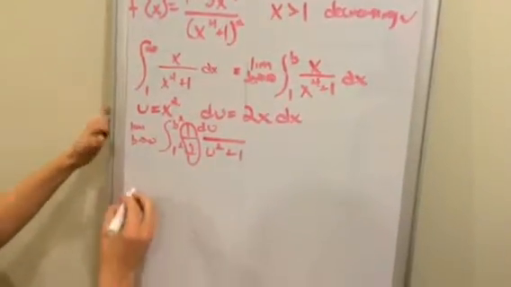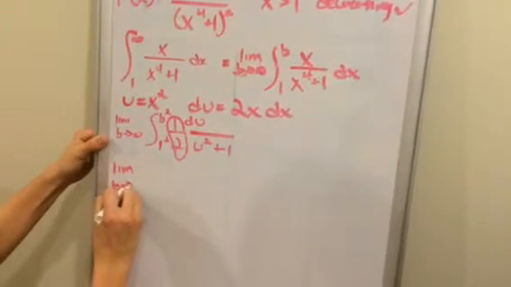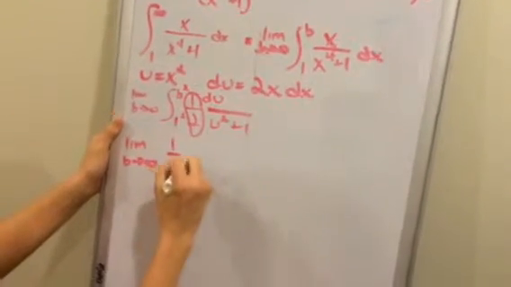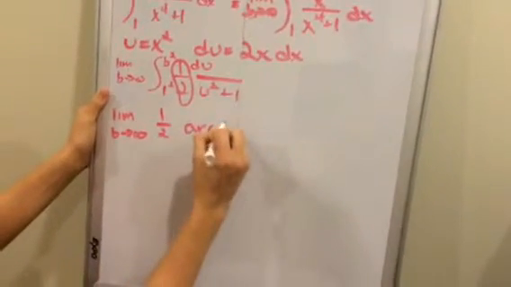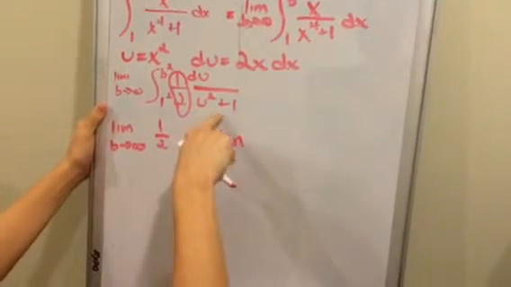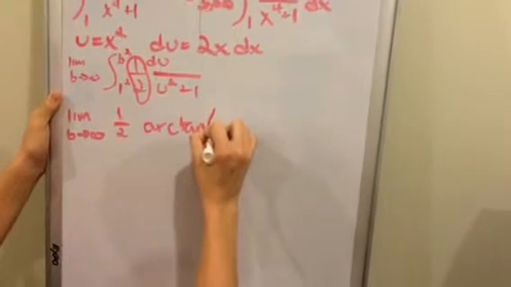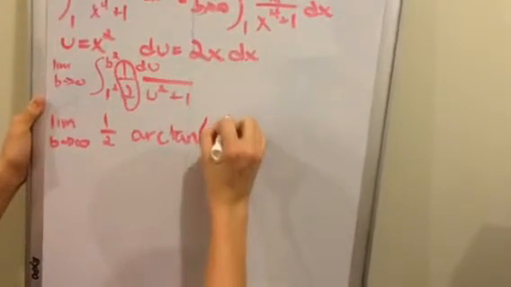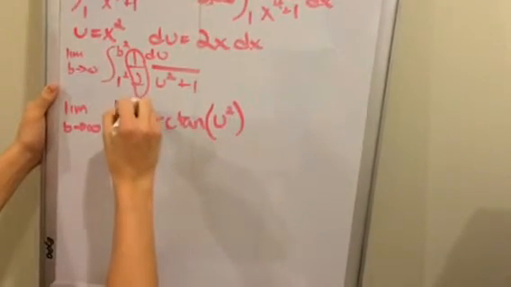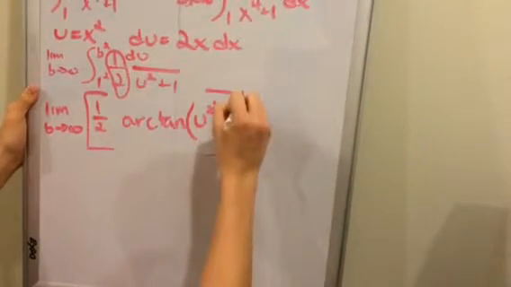That in turn becomes the limit as b goes to infinity of 1/2 arctangent of u, because that is our u squared plus a squared form, with u equal to x squared, evaluated from 1 to b.